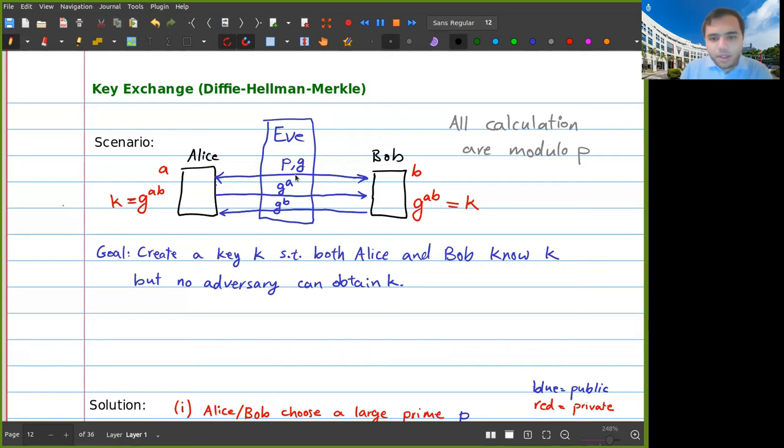So here, the model that we are assuming is that Eve cannot really tamper with the messages. So we just assume that any message between Alice and Bob is going to be delivered. And the only thing that Eve can do is listen on the network and see the messages. So this is the model that we're working on here.